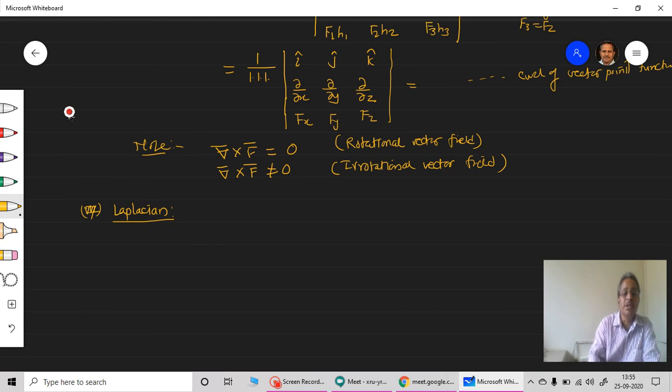Then go for this. Now according to our discussion, del square psi in the curvilinear coordinate system is given by 1 upon h1 h2 h3 into the bracket. It is ∂/∂u1, and then there is a bracket, h2 h3 upon h1 into ∂ψ/∂u1.